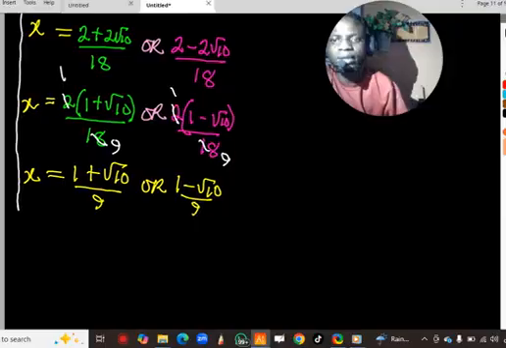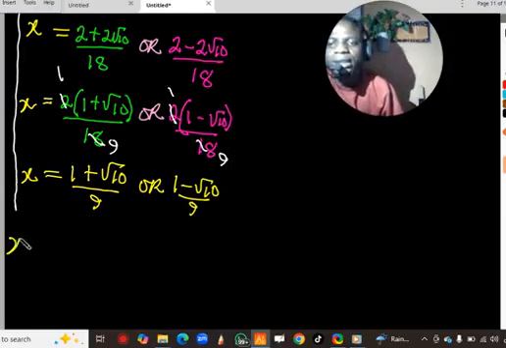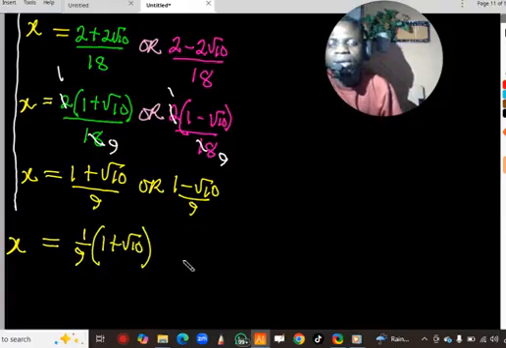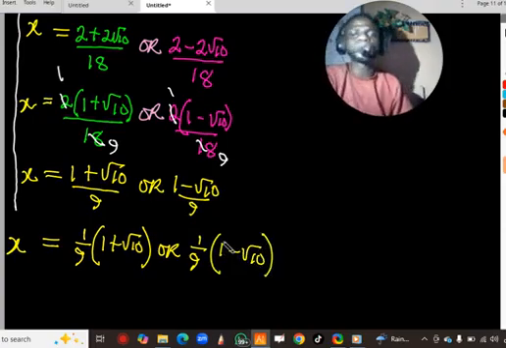All right, so we can write this as x equals 1 over 9 into 1 plus root 10, or 1 over 9 into 1 minus root 10.